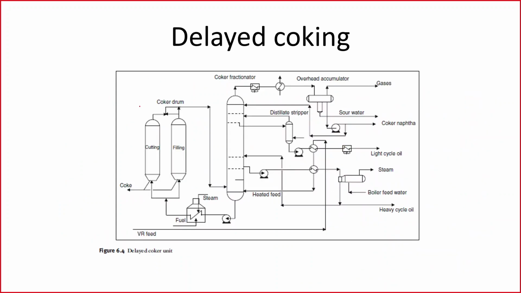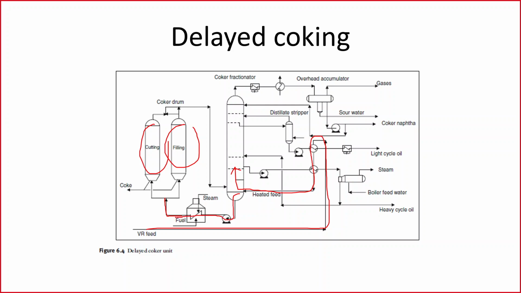So you have two drums, and you're filling it in here. The vacuum residue feeds in. Preheat, heat it, and it will then flash. The heaviest one goes to here.